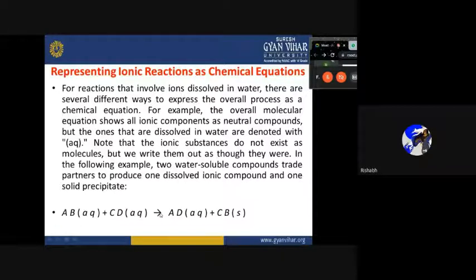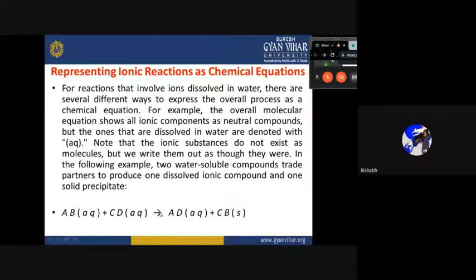It is an example of double substitution. So here A is substituting C and B is substituting D. Right. So we have got two new compounds. AD, again it is aqueous, which means this new compound is in dissolved form, in ionic form in the solution.